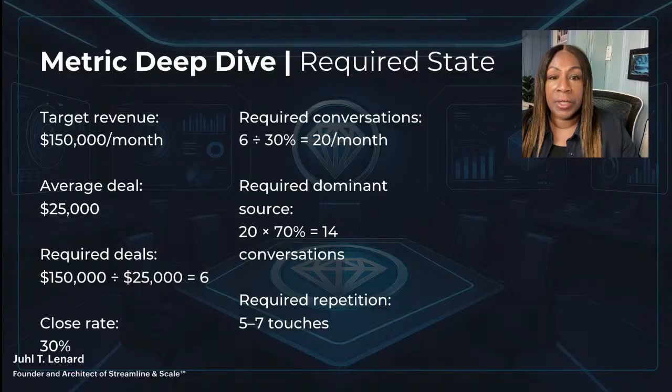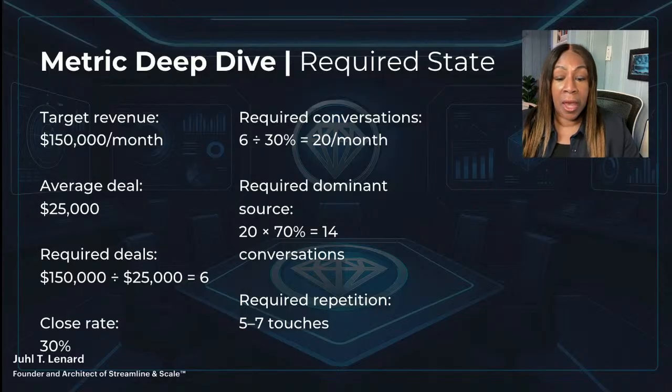So 14, the dominant source, we want the dominant source to provide 70% of those conversations, okay? So 14 from at least one of those channels, okay? And this requires 5 to 7 touches of a potential person during that time, on that primary channel. If that makes sense.